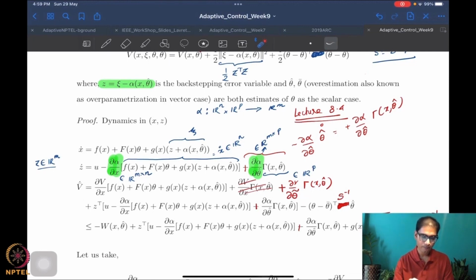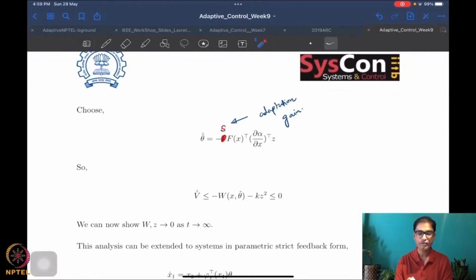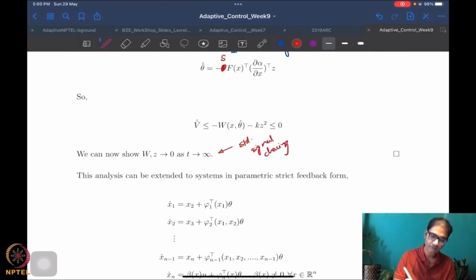All right. Great. So we have this nice expression now after we have used theta bar dot in order to cancel all the unwanted parameter terms that appear in the v bar dot. We do get this nice v bar dot expression, right? And therefore we can show very easily that w and z do go to 0 as t goes to infinity, and this is of course standard signal chasing plus Barbalat's lemma.